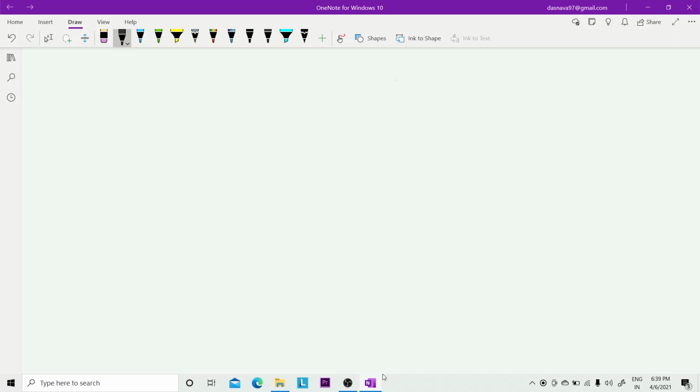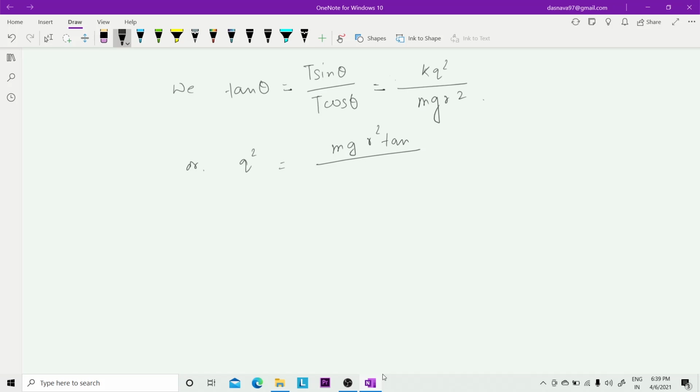So we can find tan theta equals T sin theta by T cos theta, or k q square by mg r square, so q square can be written as mg r square tan theta by k.